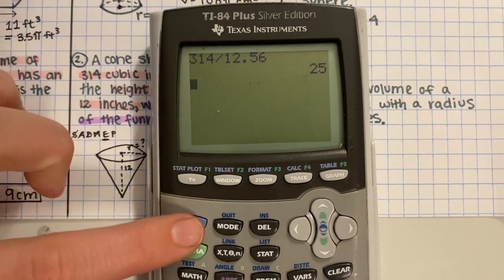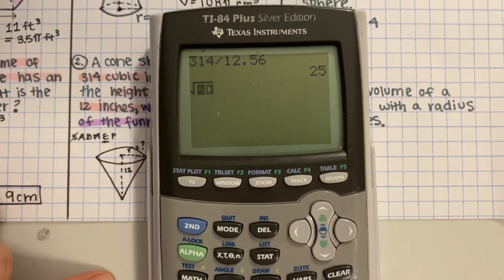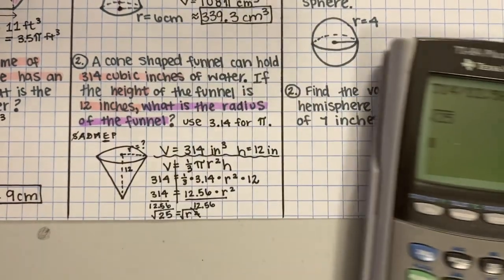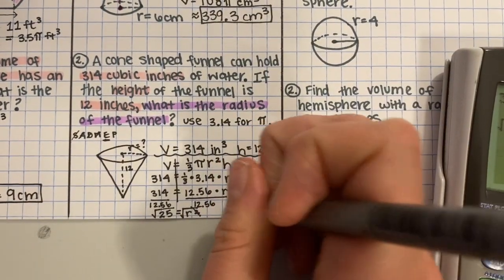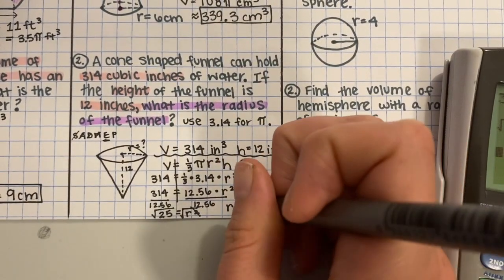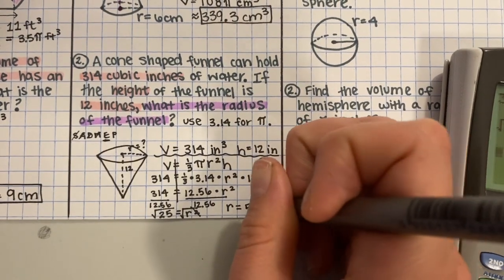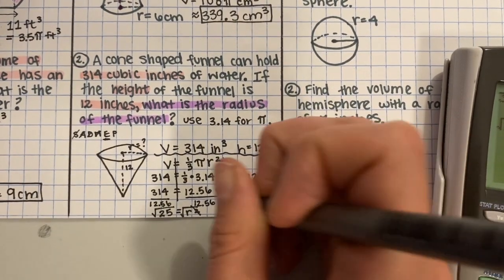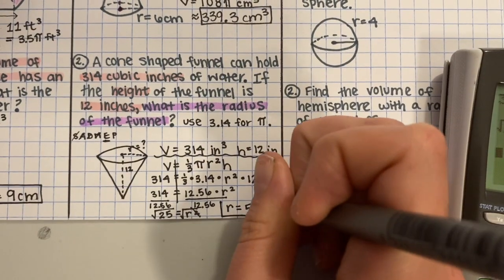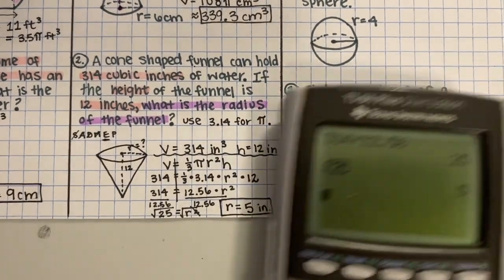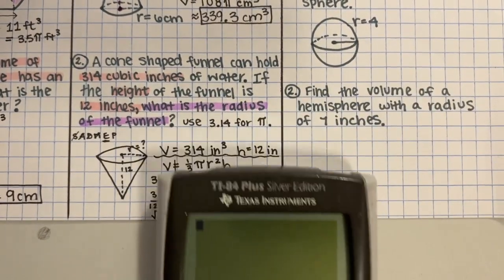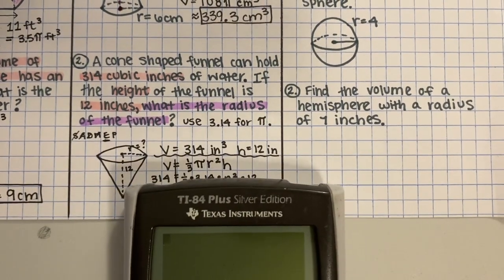So the square root of 25 is 5. So our radius then is 5. And we are talking about inches. So I'm going to say r equals 5 inches. And you can always go back and plug into the formula to make sure you did it right.